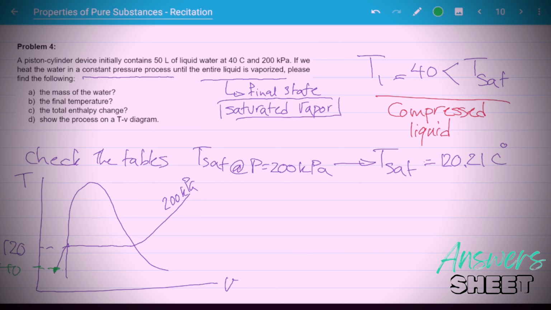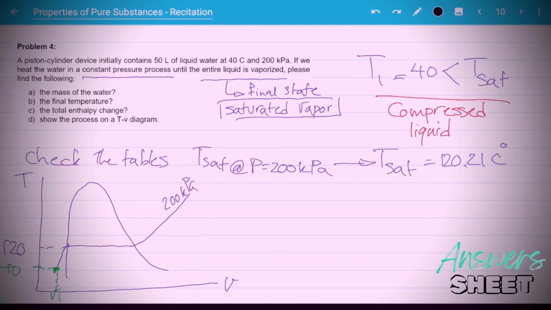Now we can use this to find the specific volume of our system at the initial state. Now remember, for compressed liquid, we usually don't have access to property tables. What we can do is approximate the properties at this temperature with the properties of the saturated liquid at the same temperature.